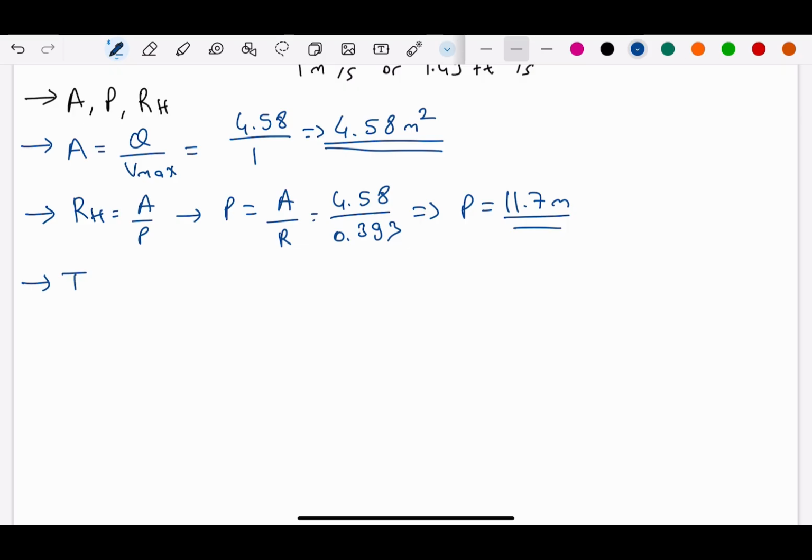And this is trapezoidal. And from table 6.1, you can see the equations for perimeter and area.